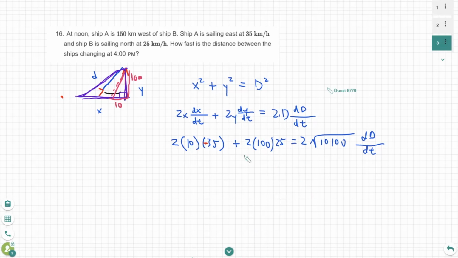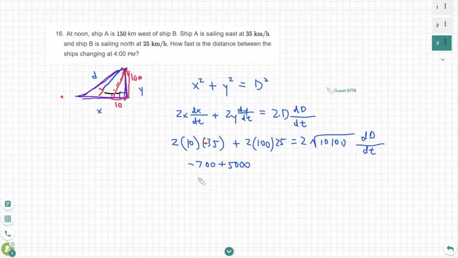Negative 350 plus 100 times 25, which is 2,500. Negative 350 plus 2,500.